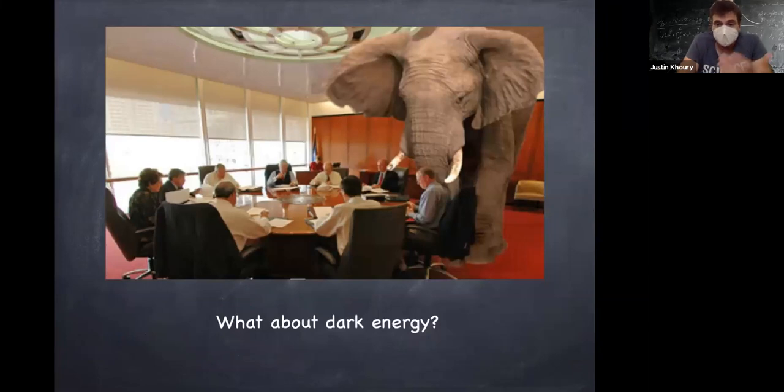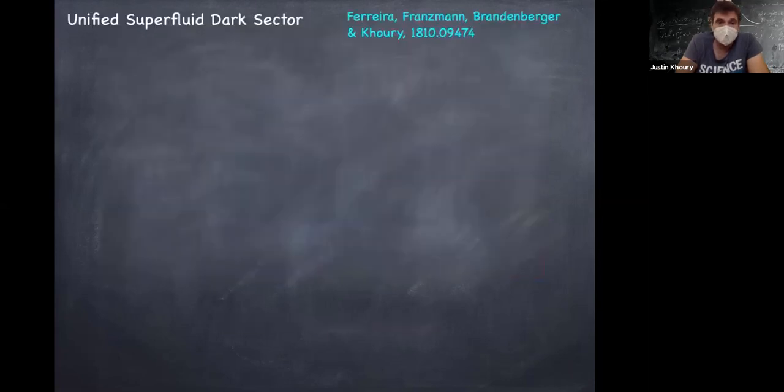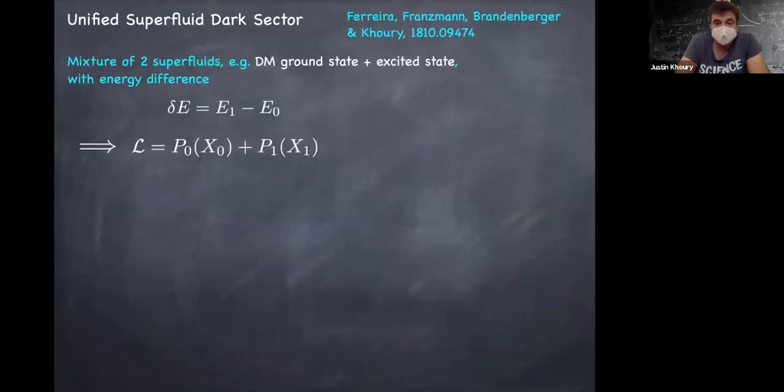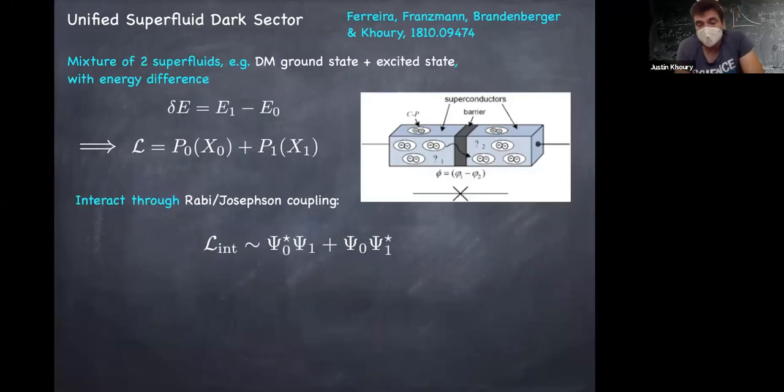Okay, of course, maybe many of you are wondering how dark energy can fit into this picture. So I'll briefly mention this, and then my last point. So dark energy, we wrote a paper on this. There's a very nice natural way that dark energy may arise in this context. And the basic idea is as follows.